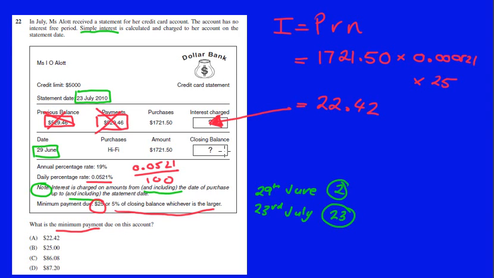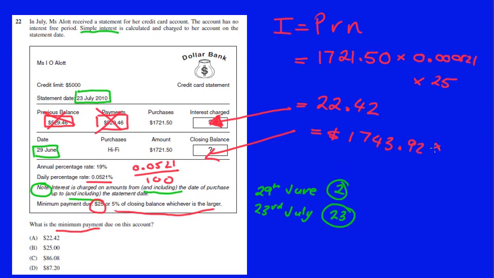So we need to figure out what the closing balance is going to be. The closing balance obviously isn't the $22.42. Okay, the closing balance would be the interest added on top of what we started with, which was my $1,721.50. So if we add those two things together, we get $1,743.92.